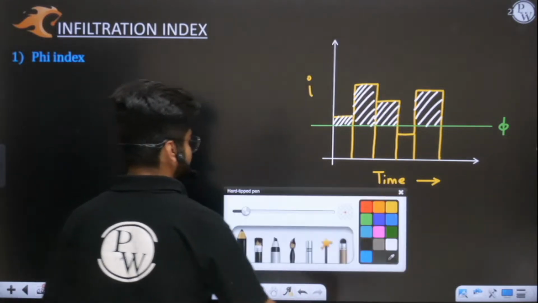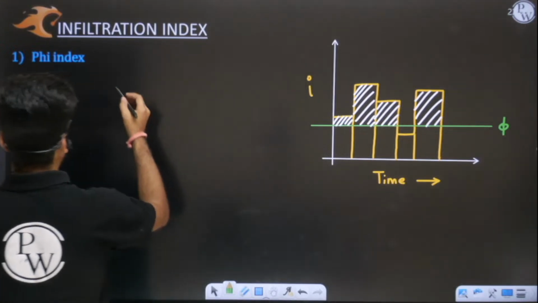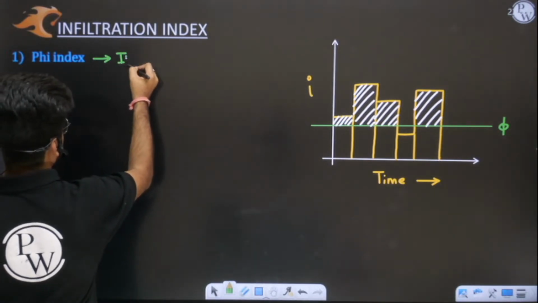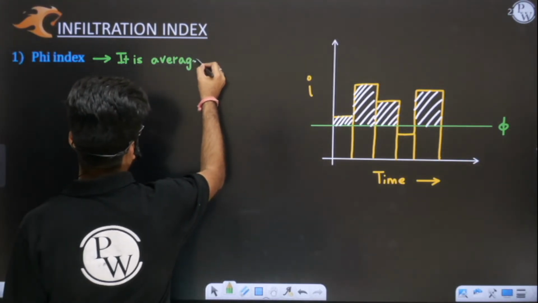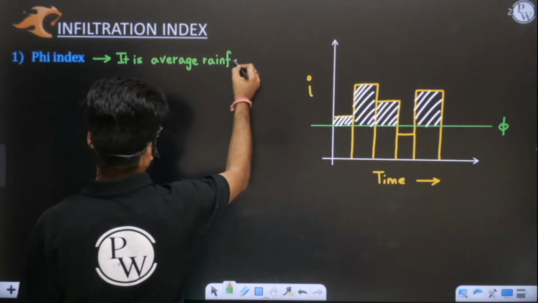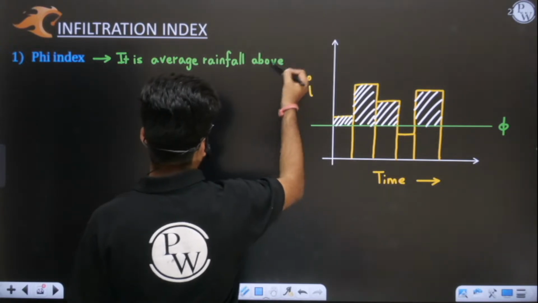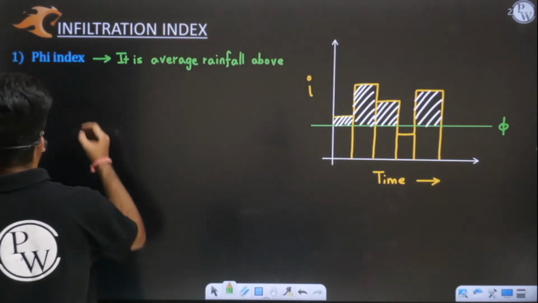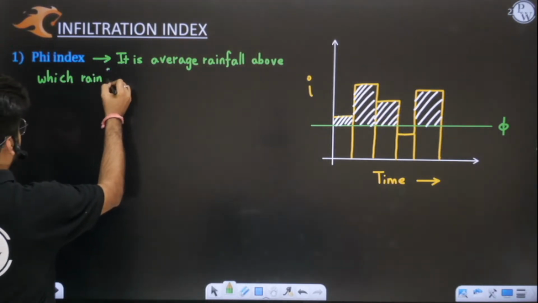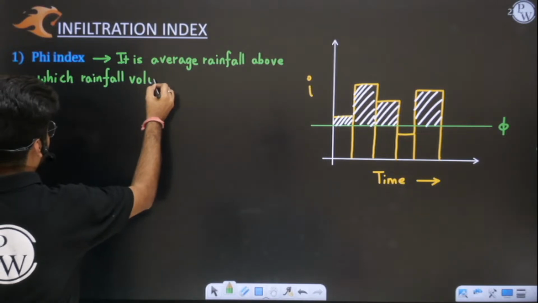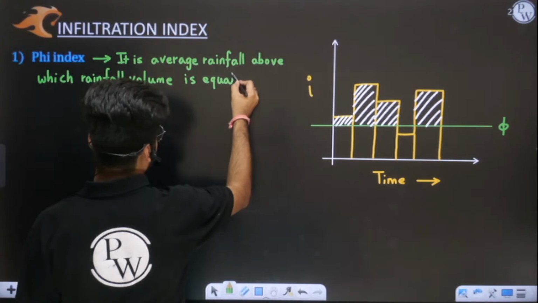What is phi index? If someone asks me what is phi index, I will tell it is the average rainfall above which rainfall volume is equal to, can you fill in this blank?